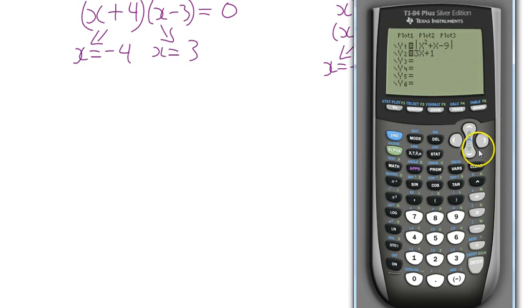So I can go here and then just delete. Okay, and so I can graph that. And we can see, we do in fact actually have 4 solutions. So all 4 of these solutions will verify.